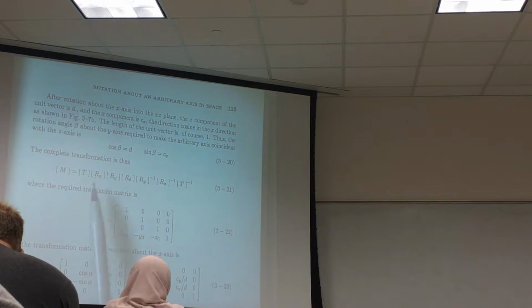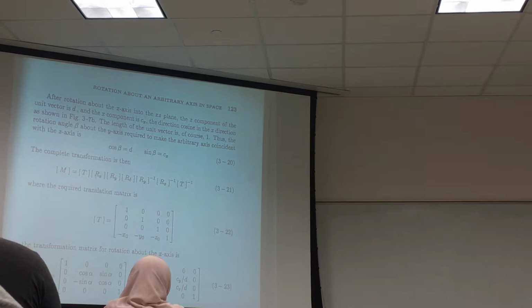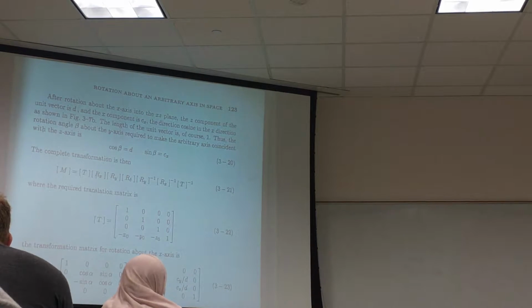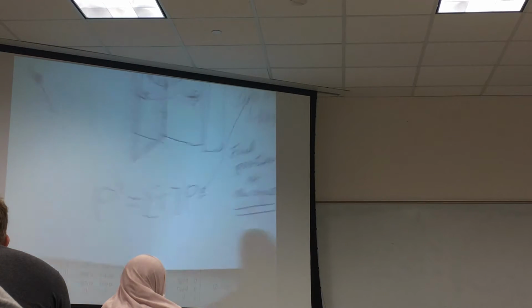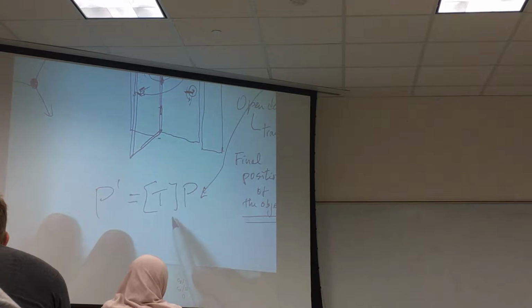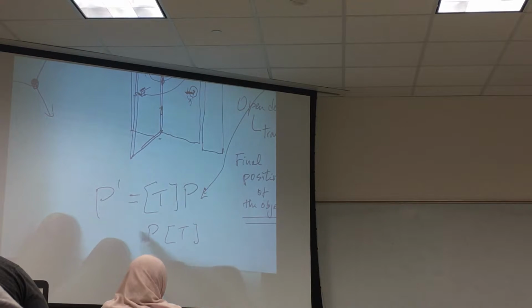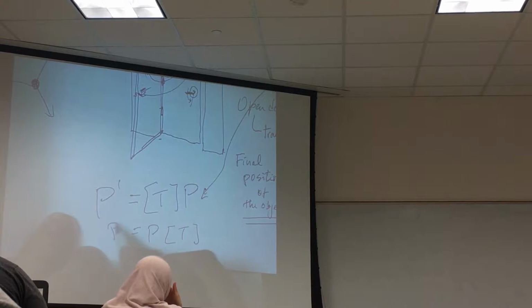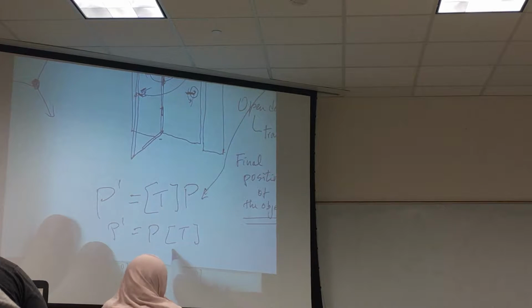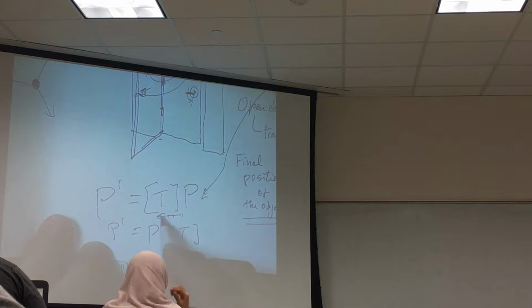Now remember, we're doing pre-multiply. The notation in this book is always post-multiply. We pre-multiply, but he writes it the other way, so he's doing P, then T, and D prime. So the order, we go from here to here. This one first is a concatenation.